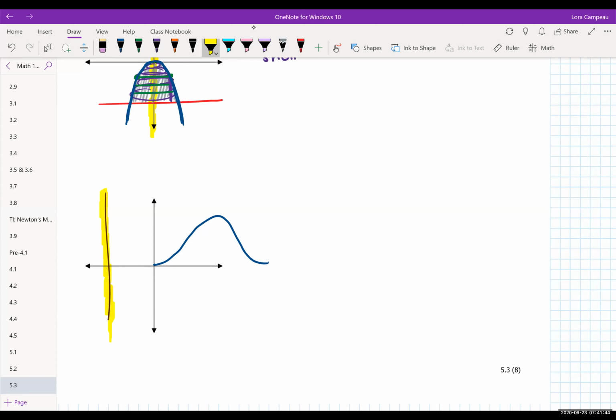The issue is we can try to use washers by being perpendicular, but we ran into issues when we had to find these values because the radius varied and the height varied. We had a hard time solving that equation for x. I think it was already solved for y, so we had a hard time solving for x. So this would be the case where this doesn't work.